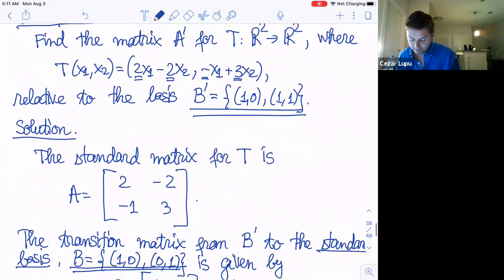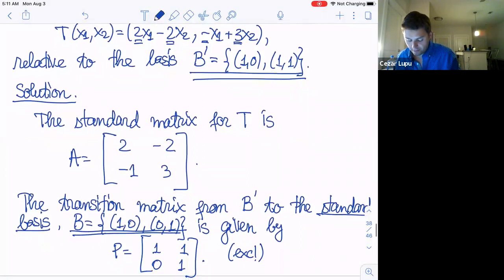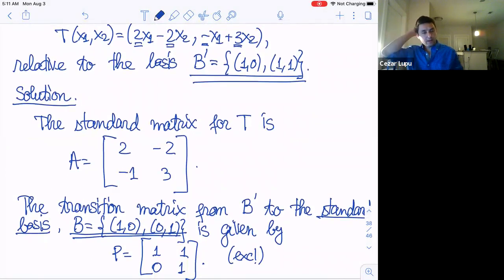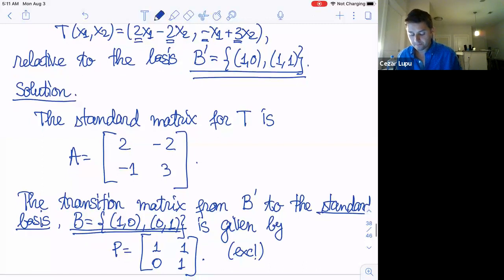The second one will differ. And you know how to find the transition matrix, right? I'll leave it to you as an exercise to figure out that the transition matrix from B prime to B is given by this matrix P. So I'll leave it to you as an exercise to show this.